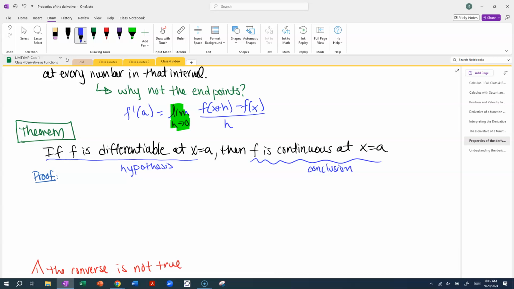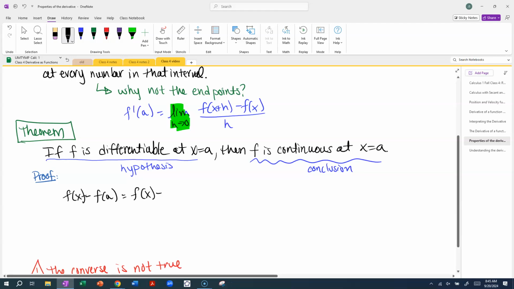Okay? And so a little proof that's actually kind of beautiful goes like this. Let's look at f of x minus f of a, okay? And this is, by definition, also equal to f of x minus f of a. You're like, well, gee, this is how we're starting a proof? This is kind of silly. But then what we're going to do is multiply by x minus a to numerator and denominator on the right side.